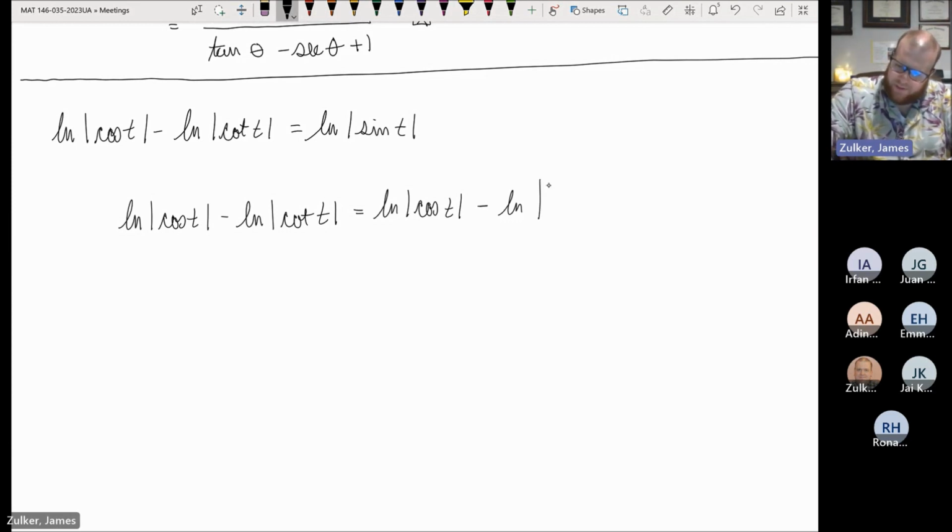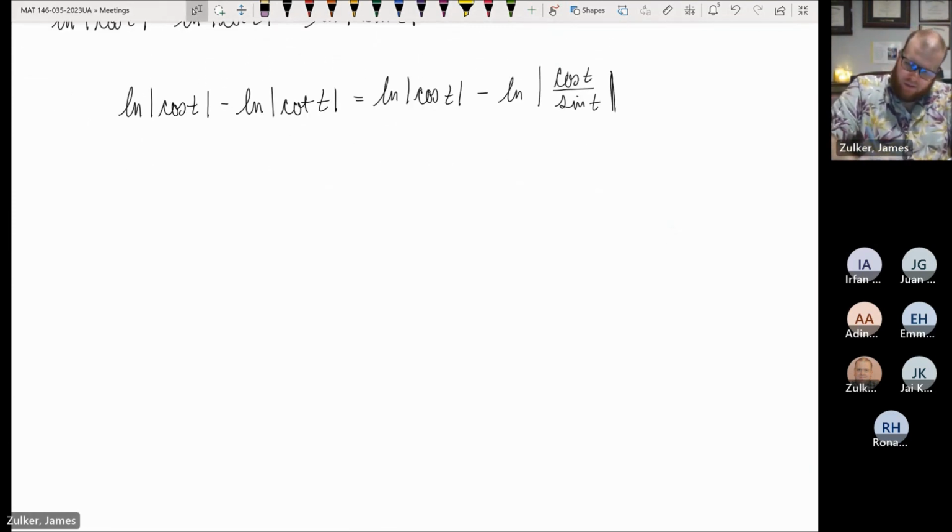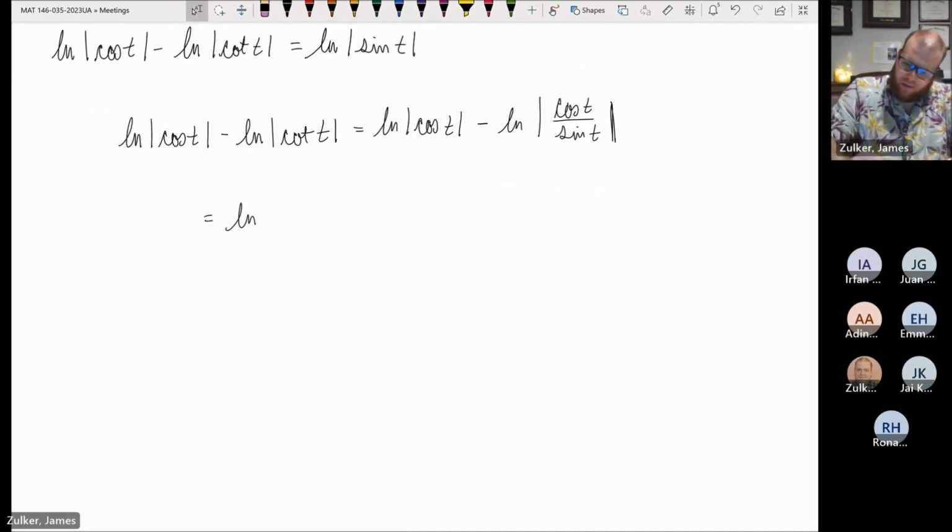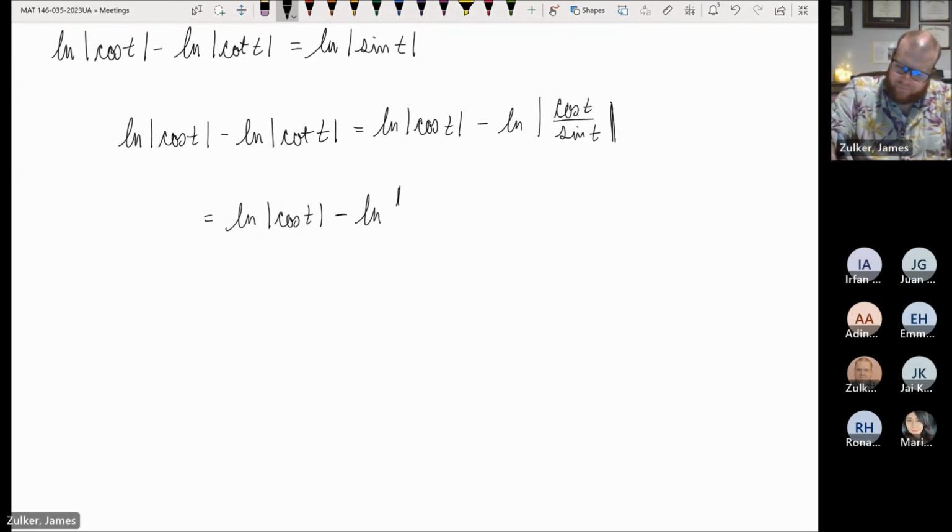Remember, cotangent is cosine over sine, right? Now, with absolute values, what we're allowed to do is split it across multiplication and division.